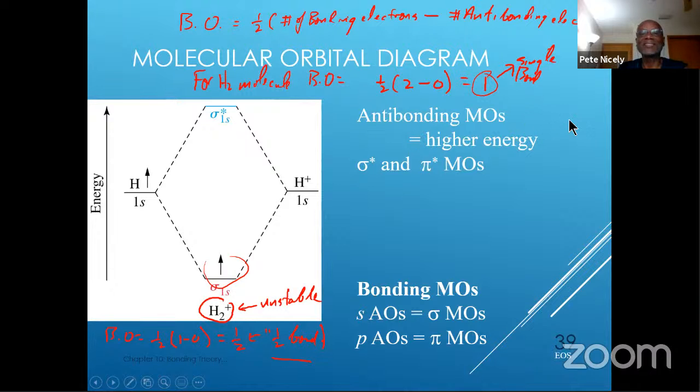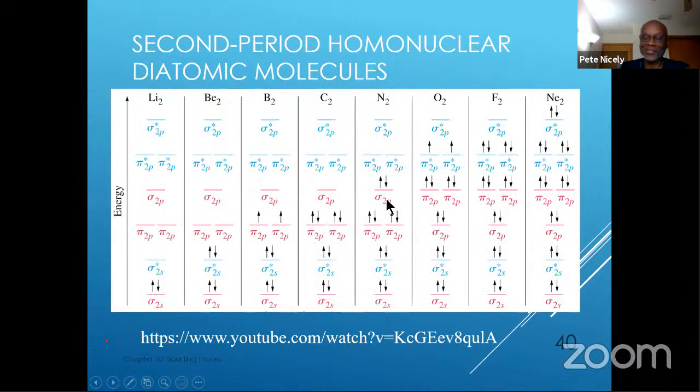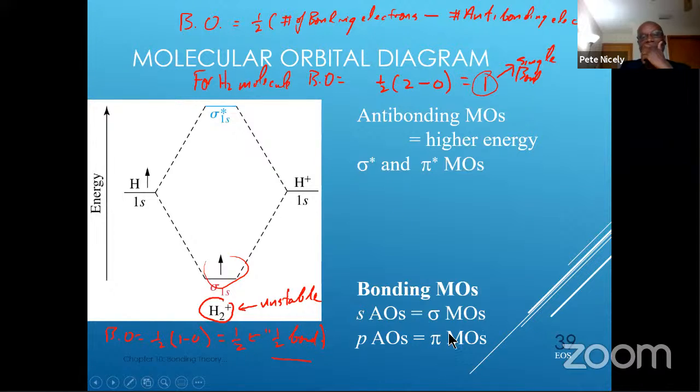This is just mentioning that in all cases, the anti-bonding molecular orbitals are of a higher energy compared to the bonding molecular orbitals. All right. So therefore, whenever an electron goes into the bonding molecular orbitals, it adds stability to the structure. But whenever an electron goes into the anti-bonding molecular orbital, it makes the structure that much less stable.